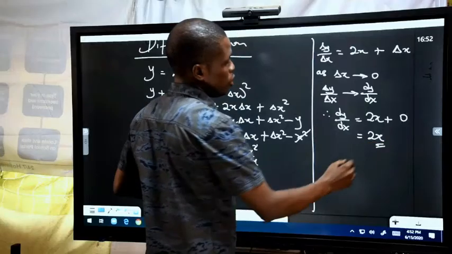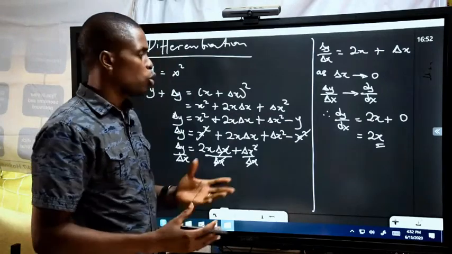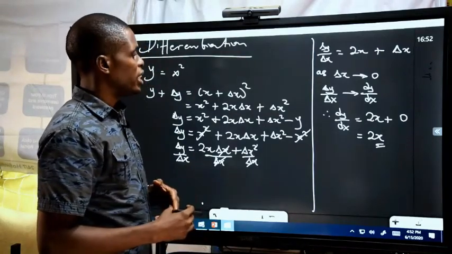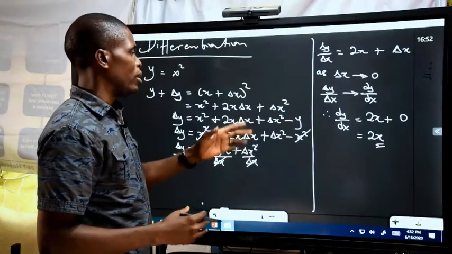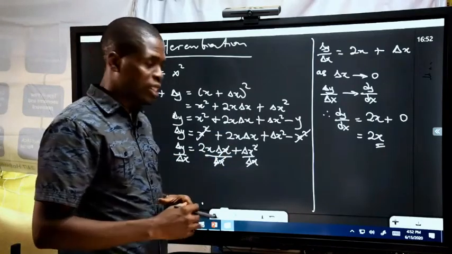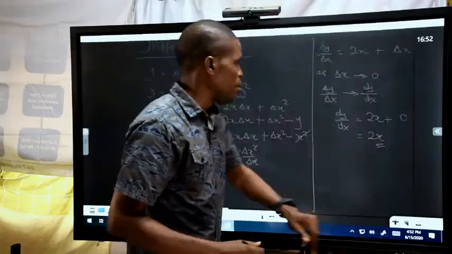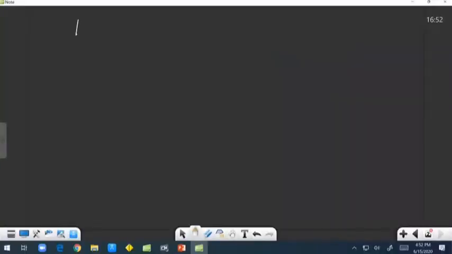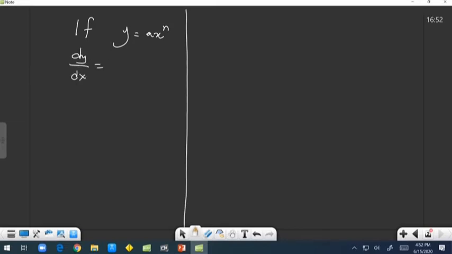So this is for us to see what we did in the last class, where we talked about differentiation using the first principle method. But if we want to use the formula method, we consider if y is equal to ax raised to the power of n. I want to differentiate this. We can say dy over dx is equal to n times ax to the n minus 1.